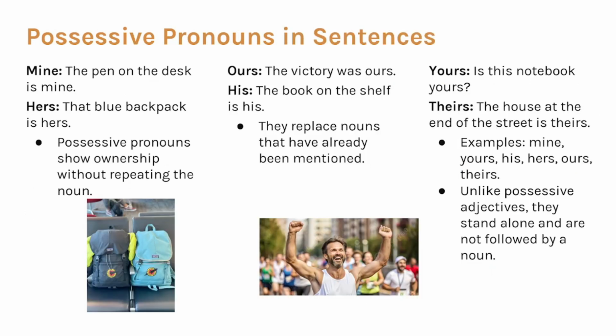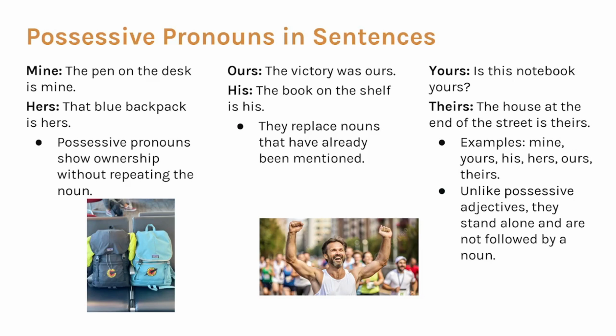Now, let's look at these examples. Mine: the pen on the desk is mine. That's singular. Ours: the victory was ours. And yours: yours is this notebook. These are good examples of pronouns showing possession, what belongs to someone.